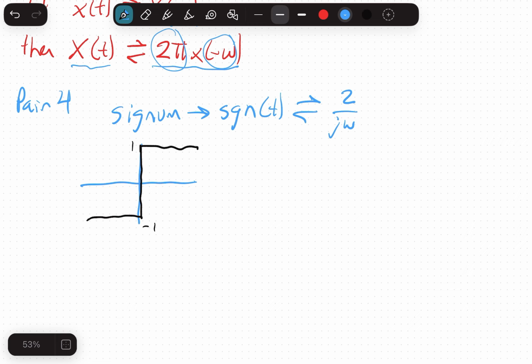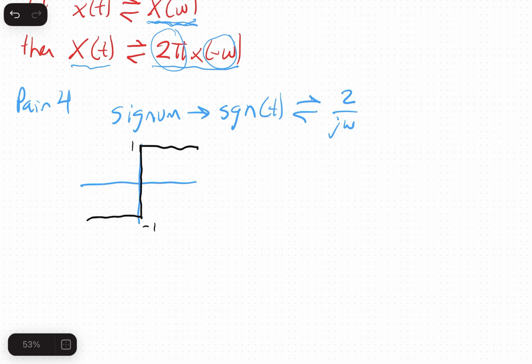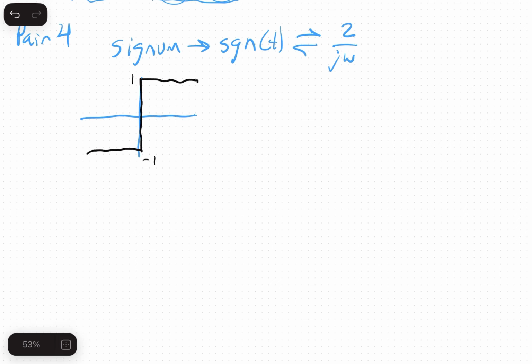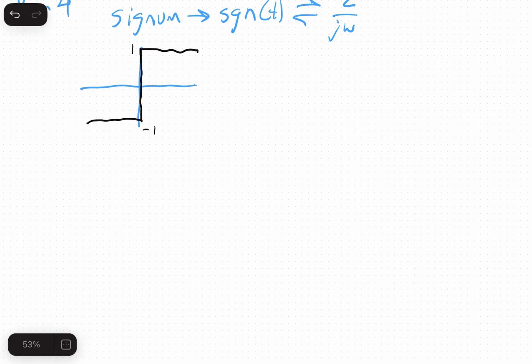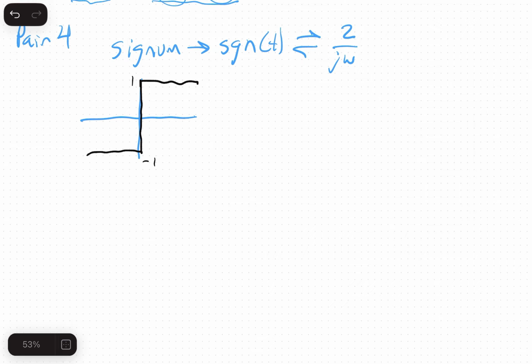So let's try to use the duality property with 2 over j omega, okay? In this case, signum of t is paired with 2 over j omega. So if we flip, the duality property states that we say 2 over jt, right?